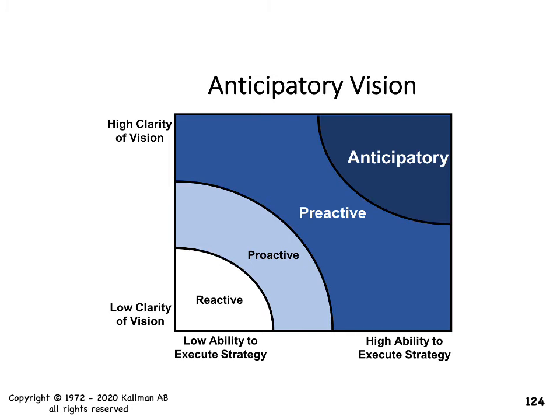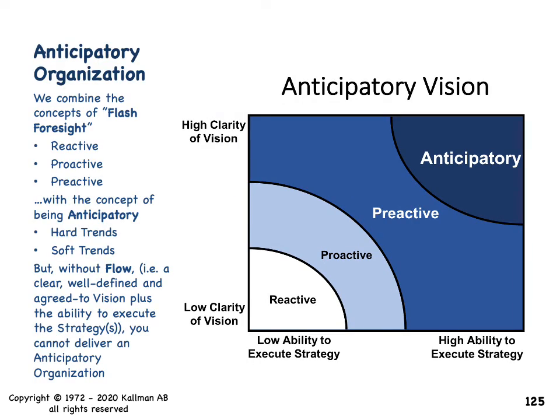Anticipatory is being able to take the hard and soft trends and go one step beyond being preactive, being able to predict what is going to happen in the future.